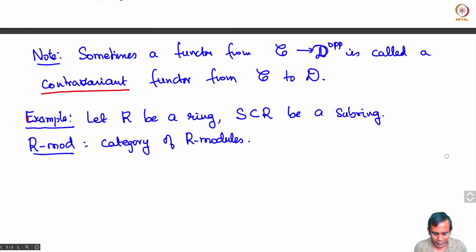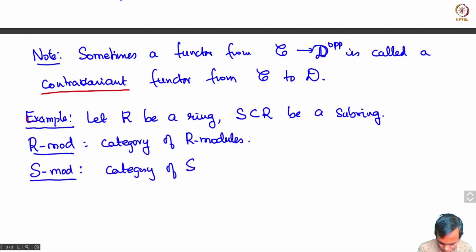So you have the category of all R modules. The objects are R modules, and arrows between two R modules are R module homomorphisms. And we'll say S mod for the category of S modules.